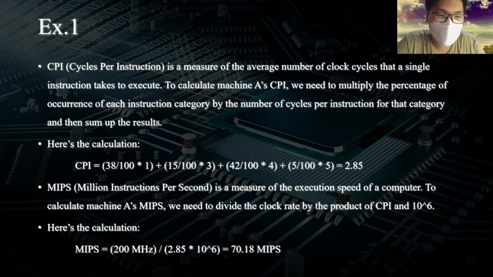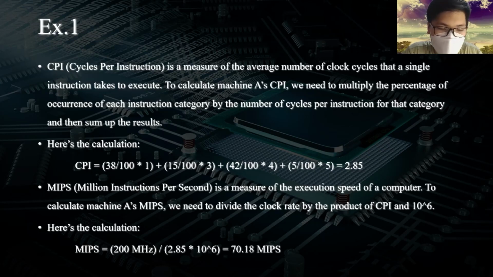2.85. MIPS, million instructions per second, is a measure of the execution speed of a computer. To calculate machine A's MIPS, we need to divide the clock rate by the product of CPI and 10 to the power of 6.